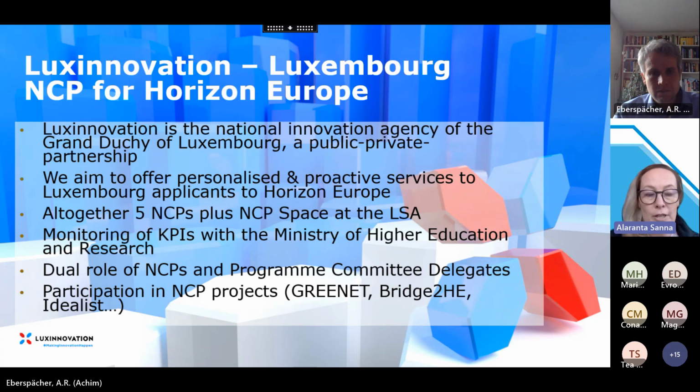For me, for instance, I cover the whole Cluster 5, plus I cover also Cluster 2, and the missions related to Cluster 5 and the partnerships. Besides LUX Innovation, we have the NCP for space, so Cluster 4 space, at the Luxembourg Space Agency. That's the only exception.